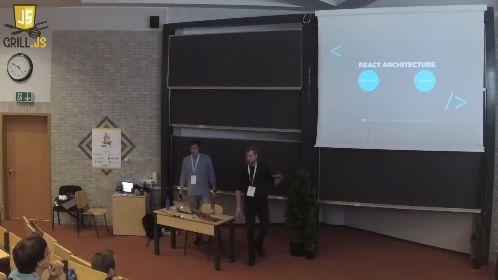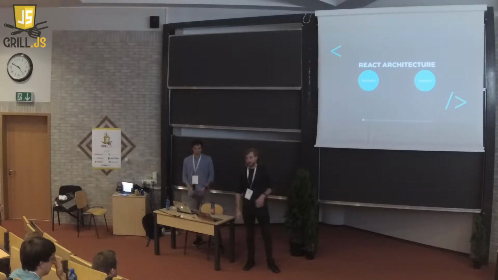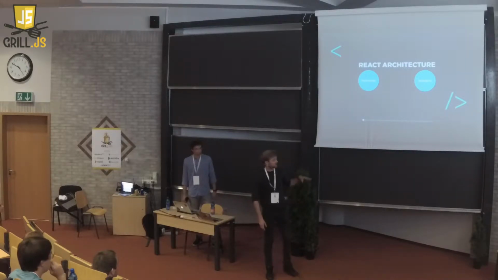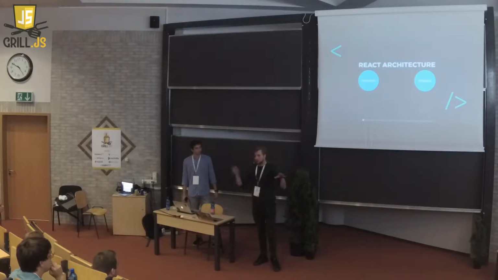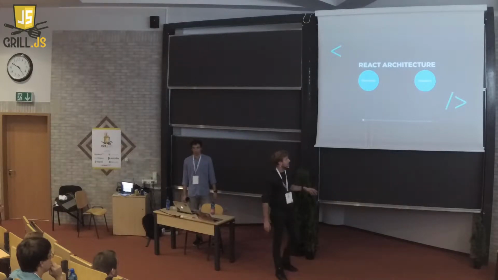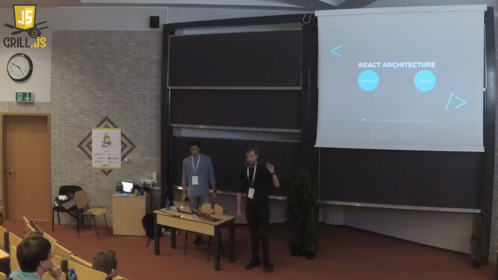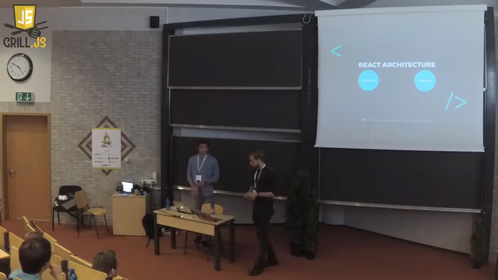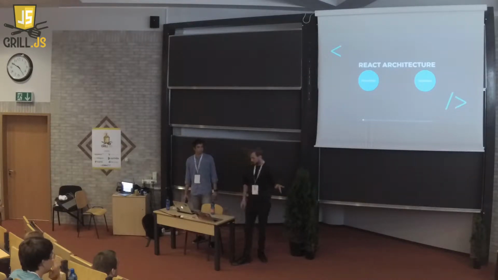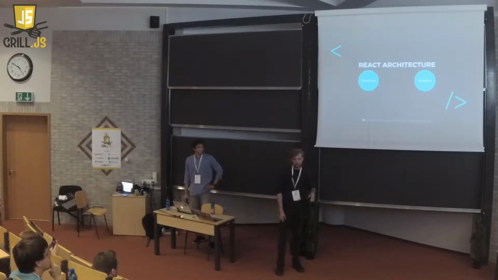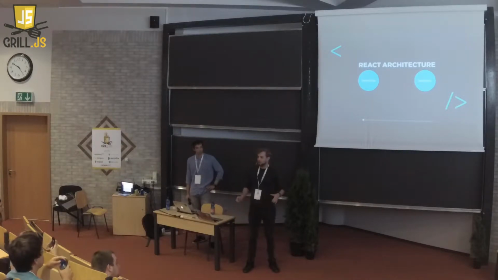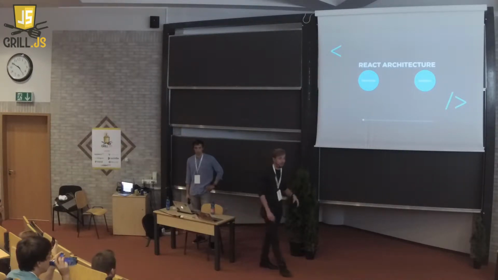So maybe at the beginning, let's say a few words about the React architecture. The way React is designed is to separate the reconciler and the renderer. They are two different things, and the fact that they are separate makes React really flexible and extensible for other platforms. We'll get to it later in the presentation. But you might wonder what the reconciler is. If you are familiar with the thing called virtual DOM, this is what the reconciler is.